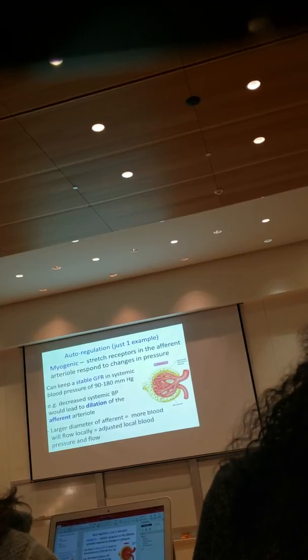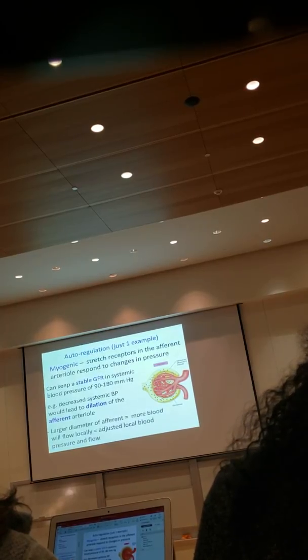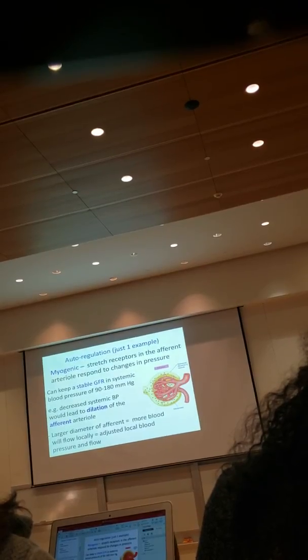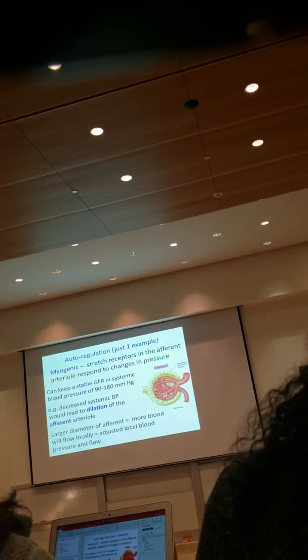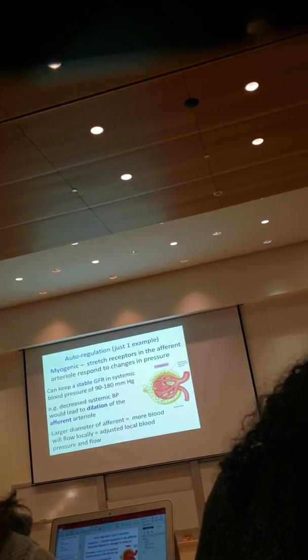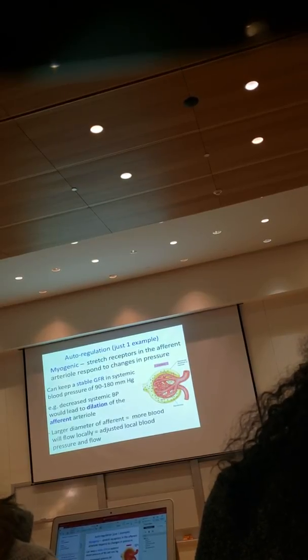We talked about the fact that if we dilate, for whatever reason, we had a decrease in the systemic blood pressure, and now we fixed it locally. We just dilated a pretty big arteriole, the afferent arteriole.